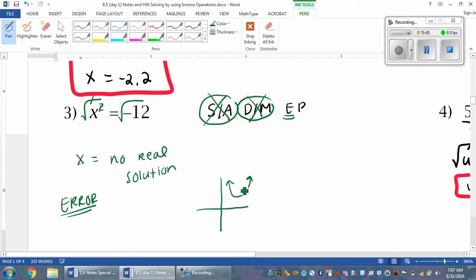Remember, the solutions come from how many times the graph intersects the x-axis, how many times it touches. So this would be considered a no solution graph because there's no x-intercept. No real solution.